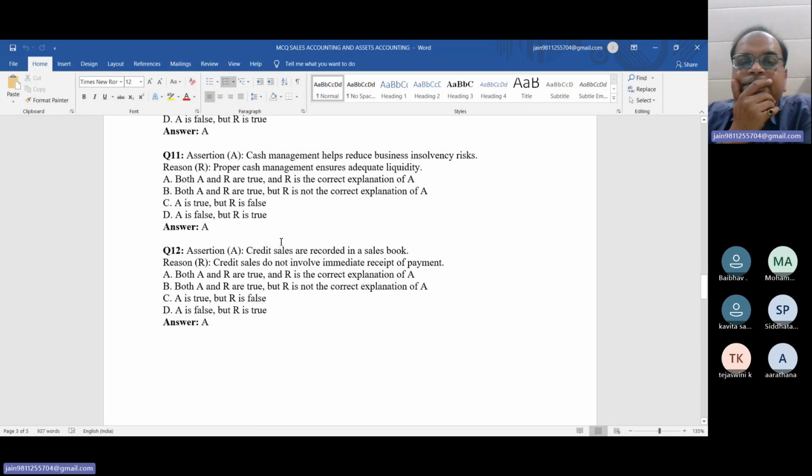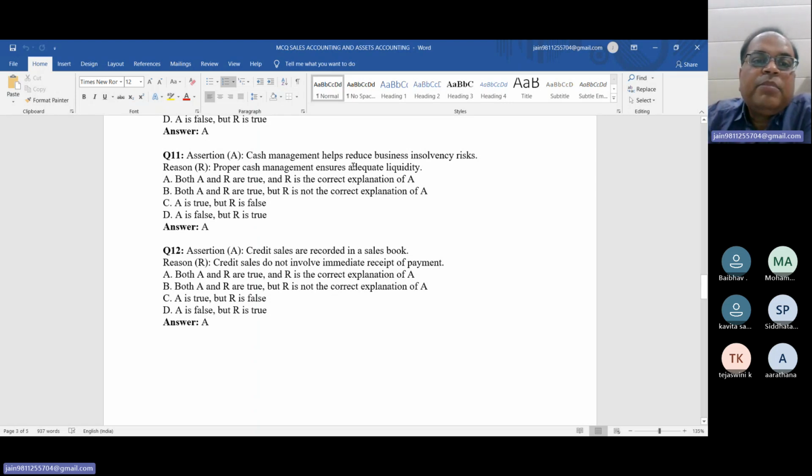Now next question. Same method question. Assertion and reason are given. Cash management helps reduce business insolvency risk. Yes, correct. Whenever you manage your cash properly, definitely there is less chance of failing to make payment.